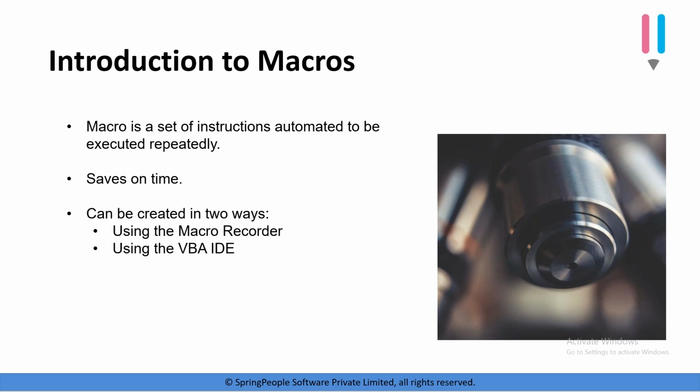So what is this macro all about? Macro is nothing more than a set of instructions that you're going to use. And these instructions are used to automate any process that needs to be executed on a repetitive basis daily. So what is the necessity for us to work with a macro? Well, one of the best parts about writing a macro is it very rarely fails. The second most important thing about working with a macro is that it saves on time, because what you would normally take, let us assume an hour maybe to finish the task, the macro could probably finish it in a few minutes.